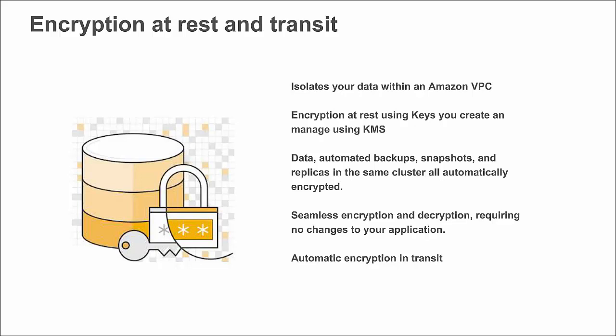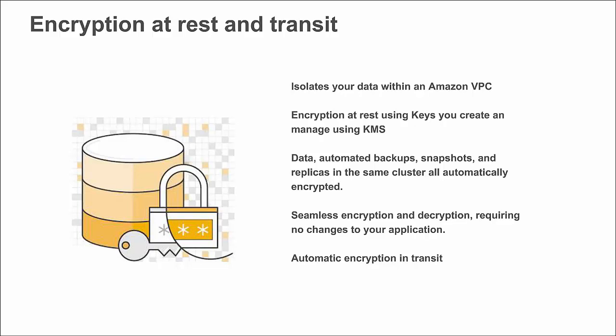Key Management Service is a service available through AWS where you can create new keys, rotate keys, and manage your own encryption keys. So now you create, you define, and you manage the keys, and using these keys, you can encrypt your Aurora database. And using KMS and encryption in Aurora is pretty simple and straightforward.